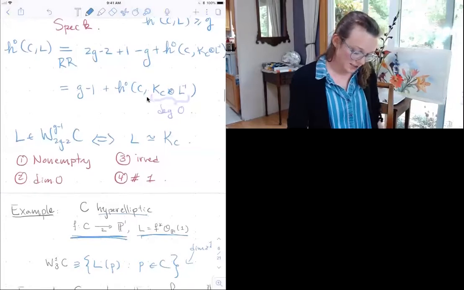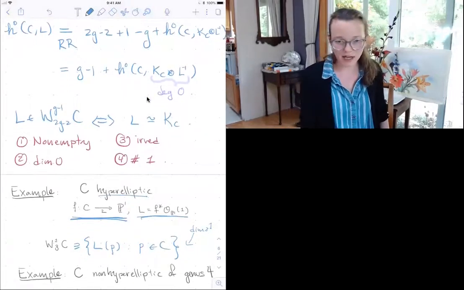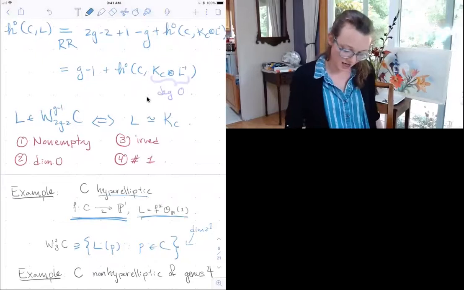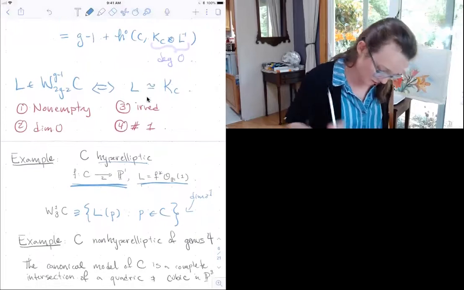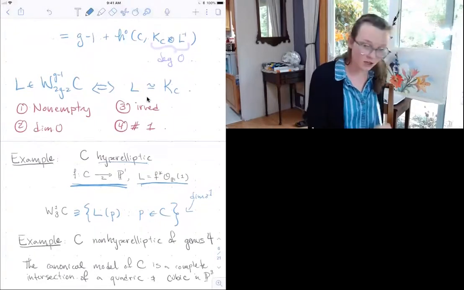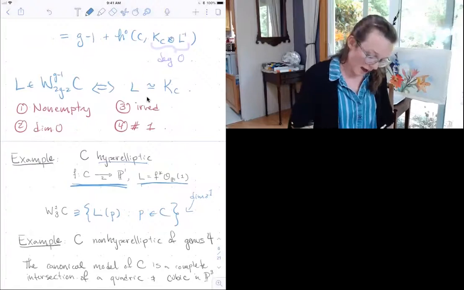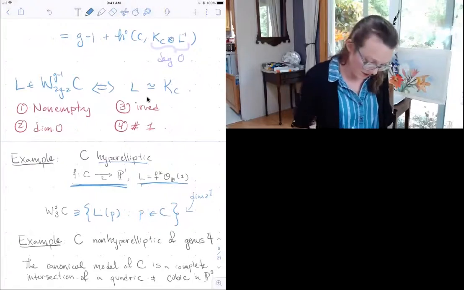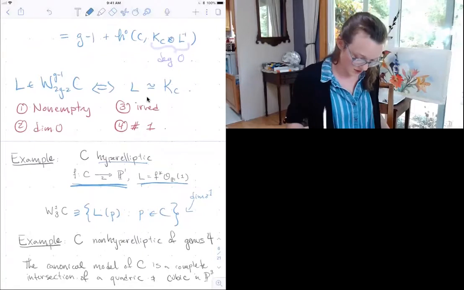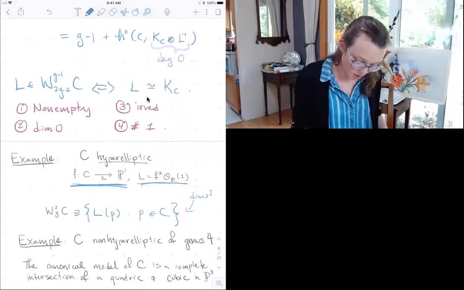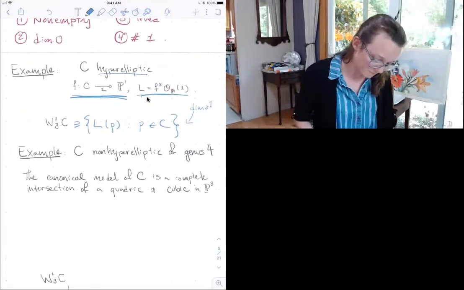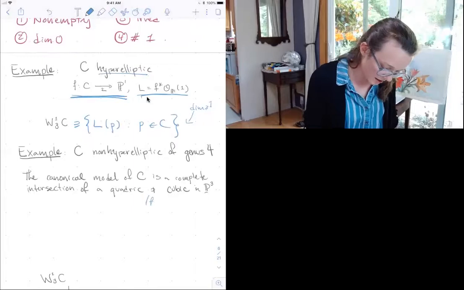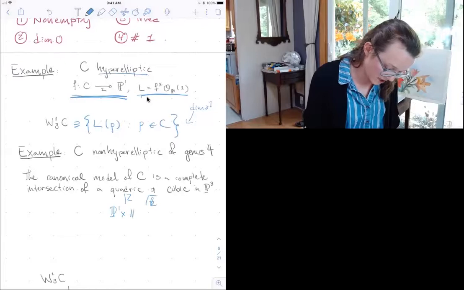Okay, now let's look at a non-hyperelliptic curve. And so that I can say something concrete, let's look at a non-hyperelliptic curve of genus 4. If I use the canonical linear series that we encountered in the very first example, then actually it's an embedding because the curve is non-hyperelliptic. And you can show that it's a complete intersection of a quadric and a cubic in P3. So over K bar, this quadric is generically going to be isomorphic to P1 cross P1.